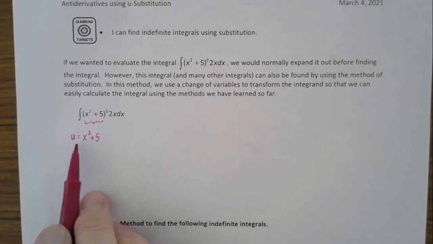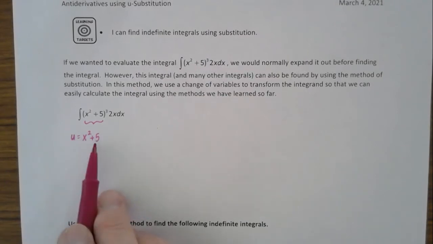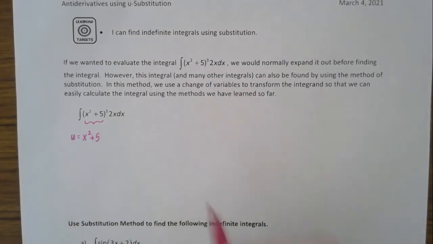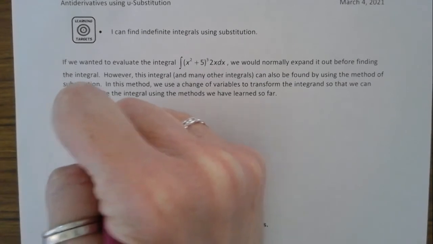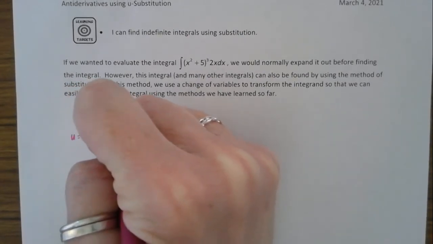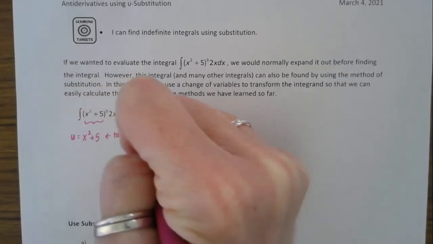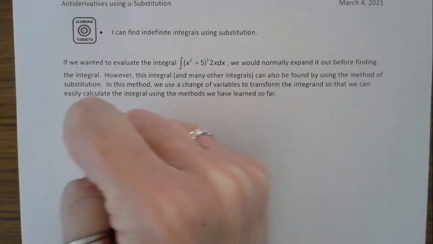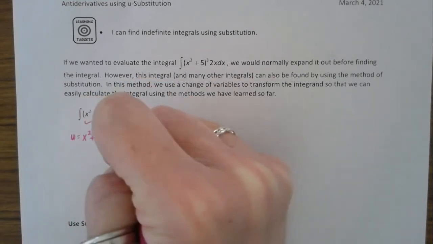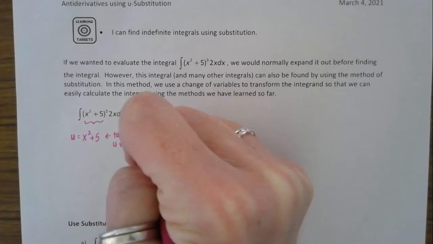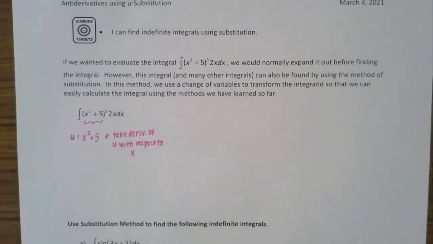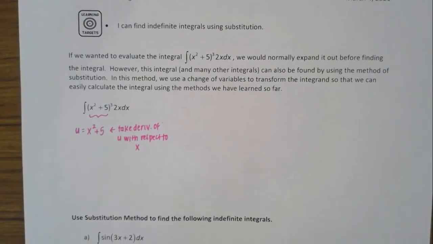And what I'm going to do when I take out the quantity that I want to call u is take the derivative of this quantity with respect to x, meaning I'm just going to take the derivative of both sides of this equation.